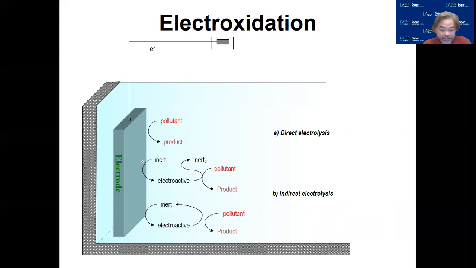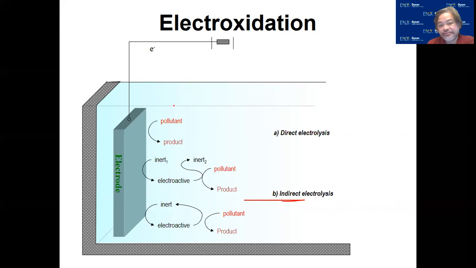Okay, first one is by direct anodic oxidation, in which the organics are adsorbed at the electrode. If you have a pollutant there, it will be adsorbed and that pollutant is converted to a product. You adsorb at the electrode and oxidize at the surface of the electrode. And second is an indirect one, in which some oxidizing agents are generated electrochemically, and they are responsible for the oxidation of the organics present in the solution.